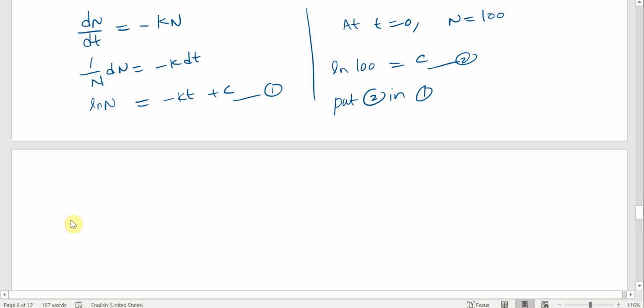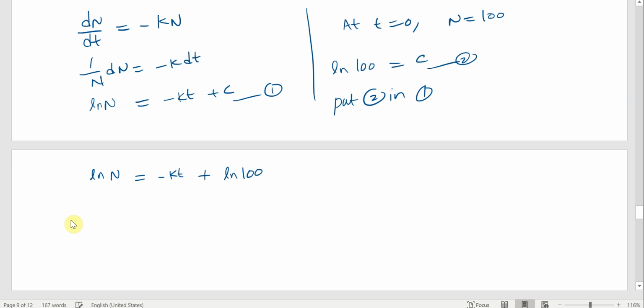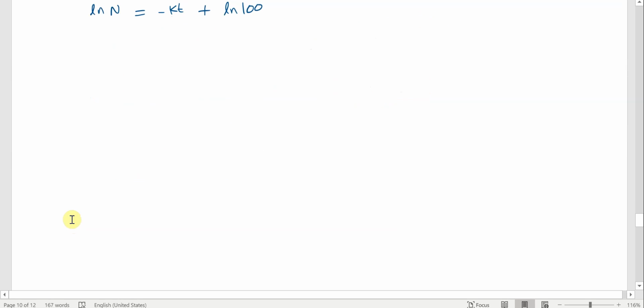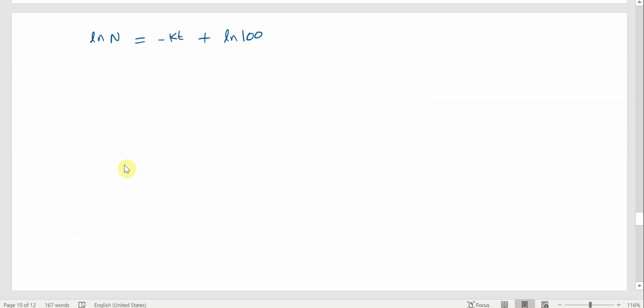So it will clearly become ln n equals minus kt plus c value ln 100. So with that you'll get simply ln n minus ln 100 equals minus kt, say equation number 3.